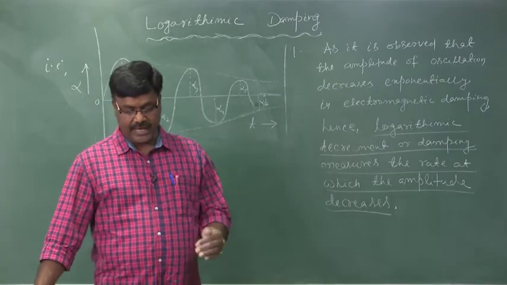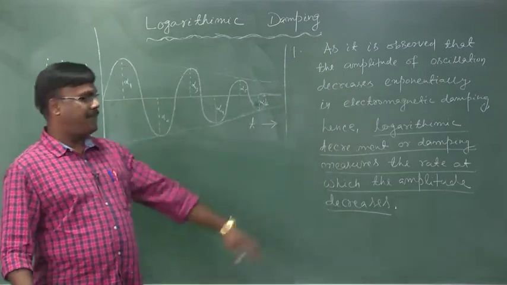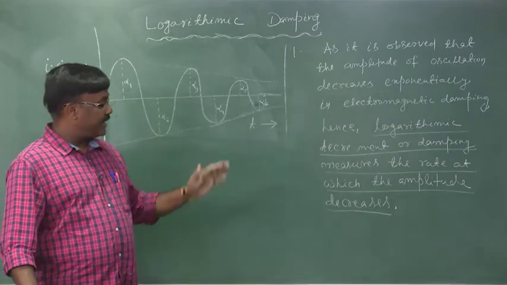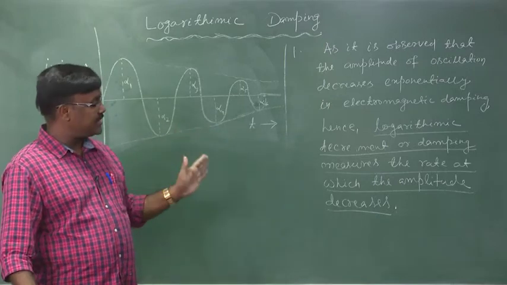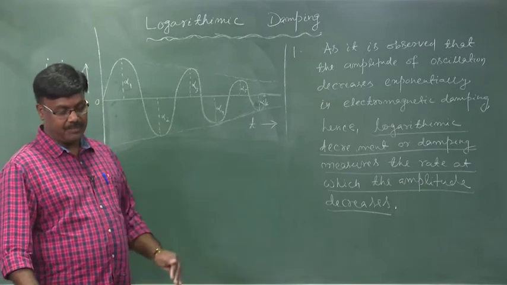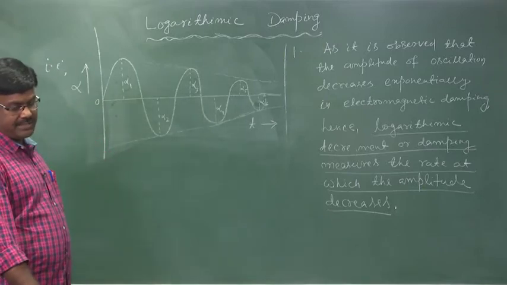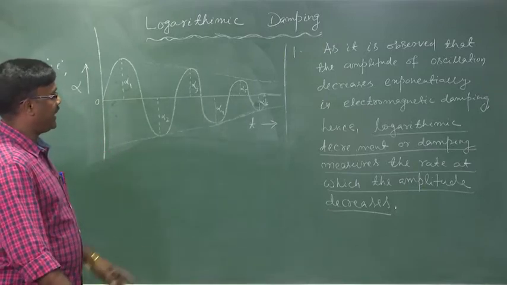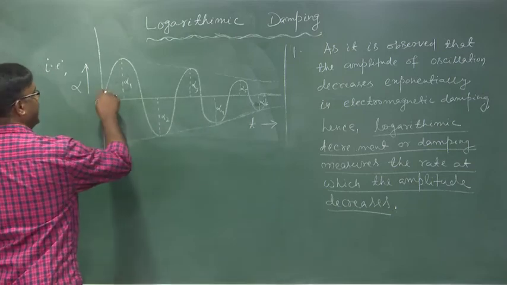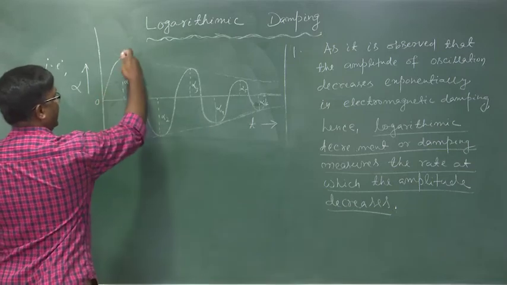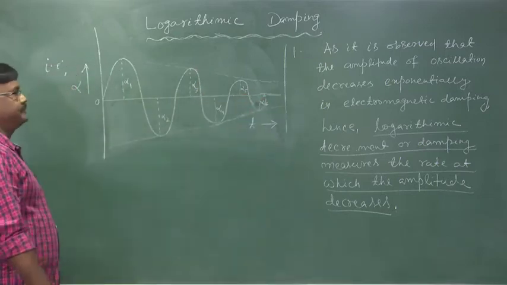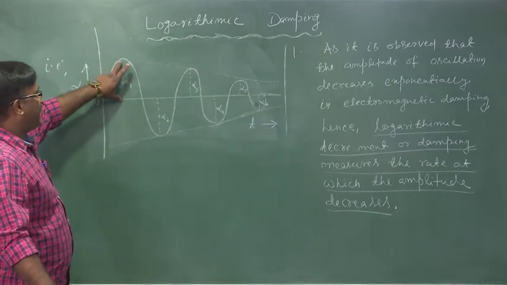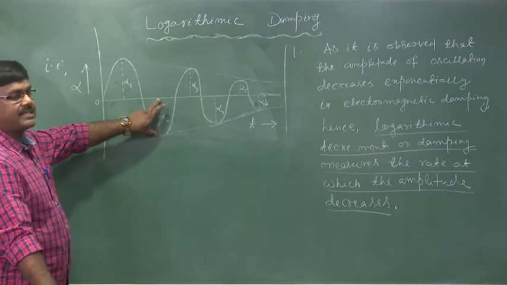Thus, logarithmic decrement can be defined as the logarithm of the ratio of two successive maximum amplitudes of oscillation which are separated by one time period. Here the amplitude gradually decreases due to electromagnetic damping, and it is one maximum, and the successive next maximum.